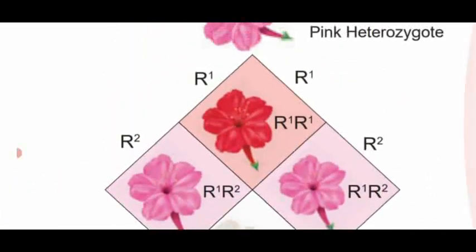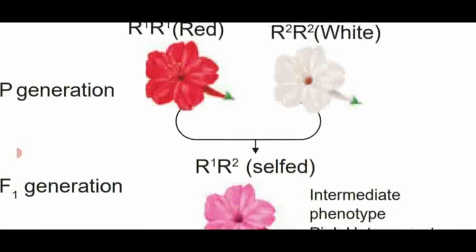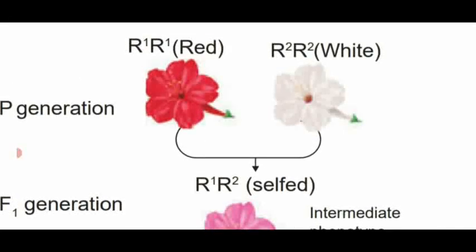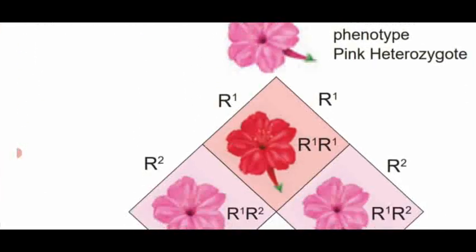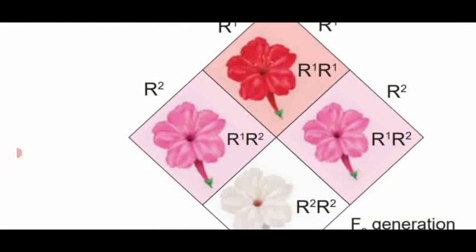Why is it said to be incomplete dominance? In the F1 generation, most probably only the dominant character is expressed, but in incomplete dominance, the F1 generation does not show the dominant character. Only a partial dominant character is expressed. That type of interaction is called incomplete dominance, which is seen in the Mirabilis jalapa plant, the 4 o'clock plant.